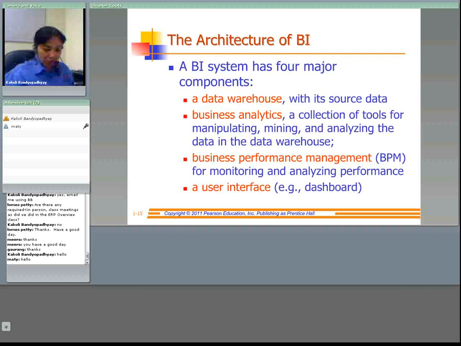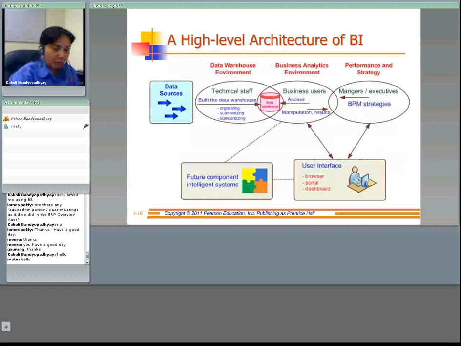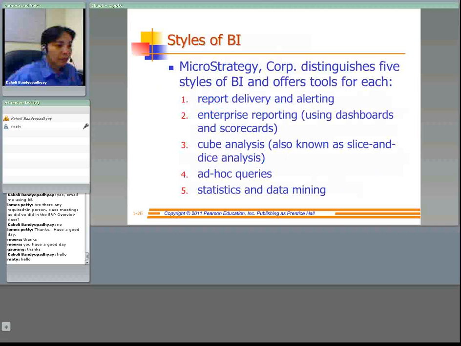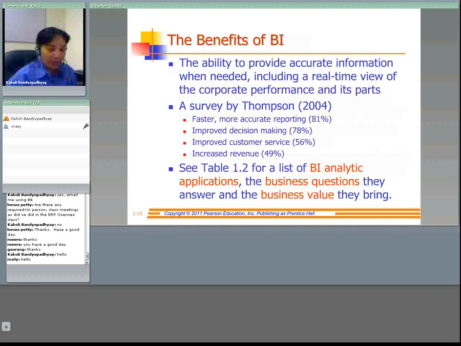So that's a dashboard. We'll talk about the benefits of BI. The major benefit is the ability to provide accurate information when needed, including a real-time view of the corporate performance.